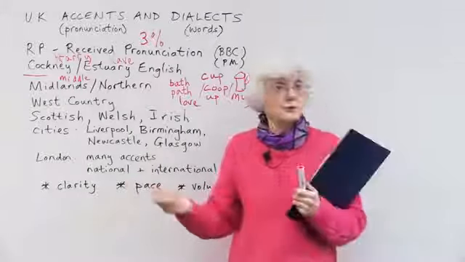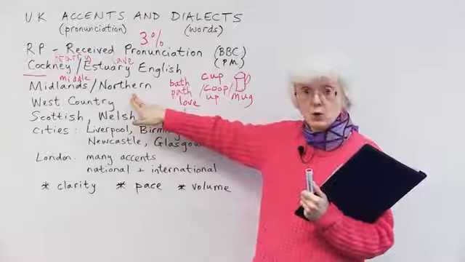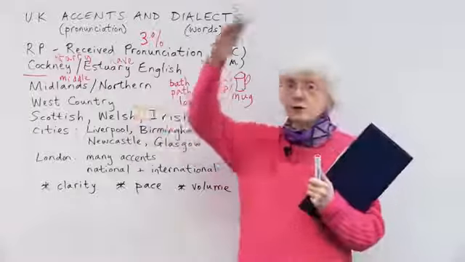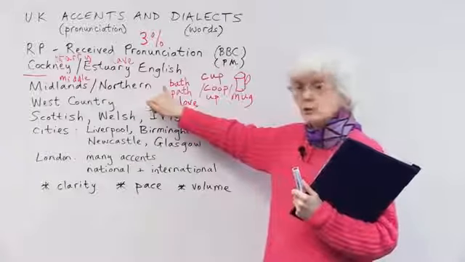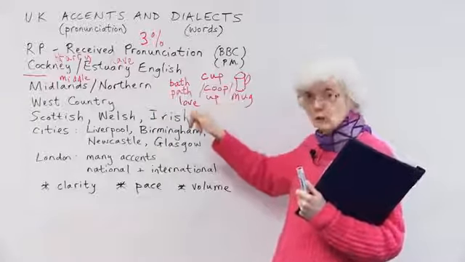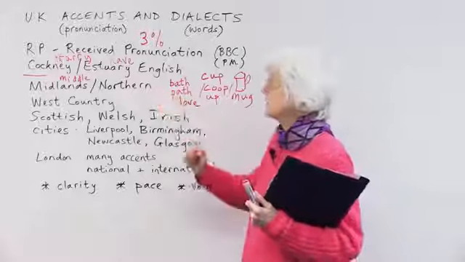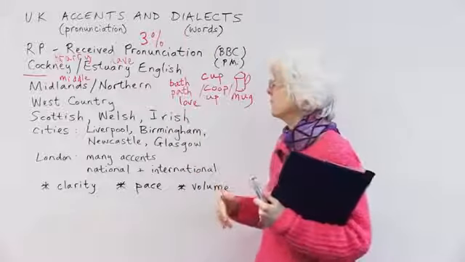Okay, so that's just a few examples of the Midlands and the northern as well. The further north you go, you still get these bath, path, cup, mug, love, up. It's all very similar, really. So from the Midlands upwards.